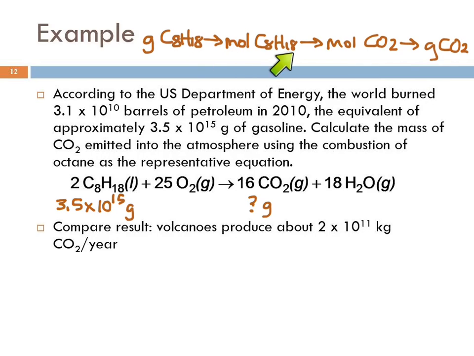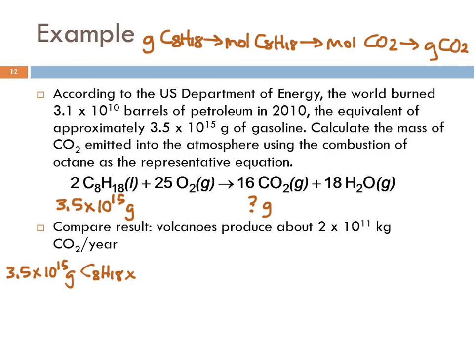I have 3 arrows. I'm going to have 3 conversion factors. I'm just going to follow the pattern. 3.5 times 10 to the 15th grams. It's important here to write grams of what and moles of what. C8H18.